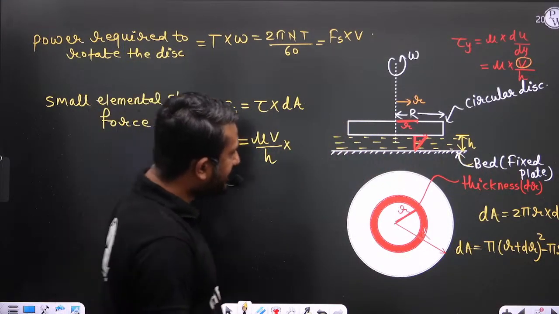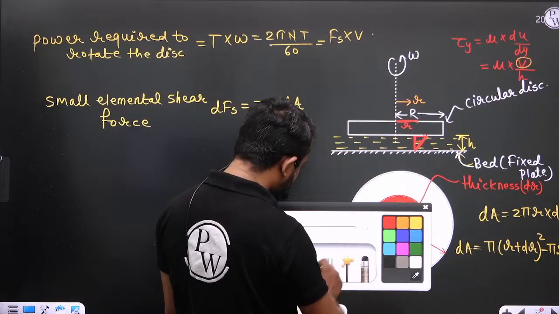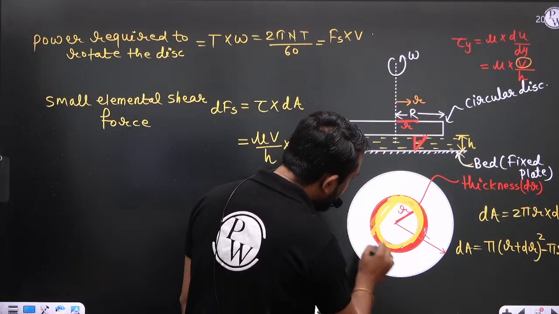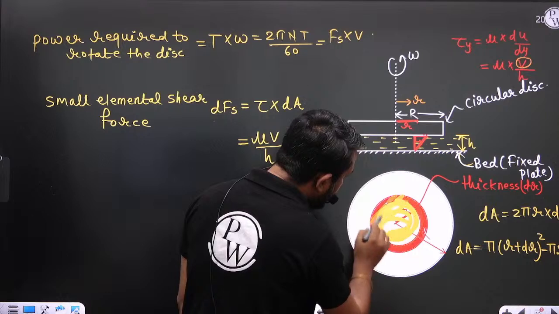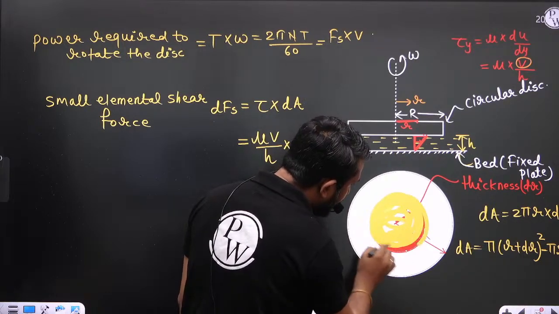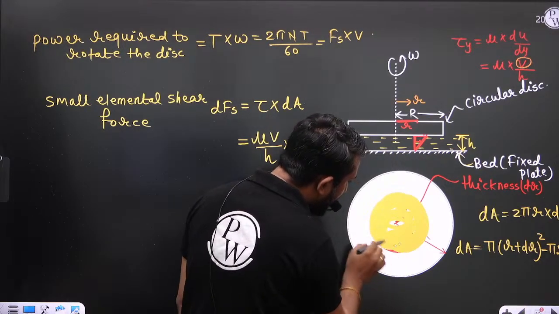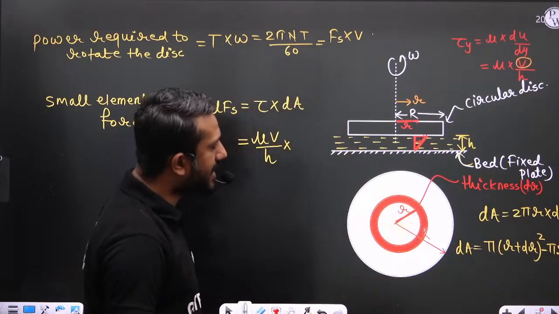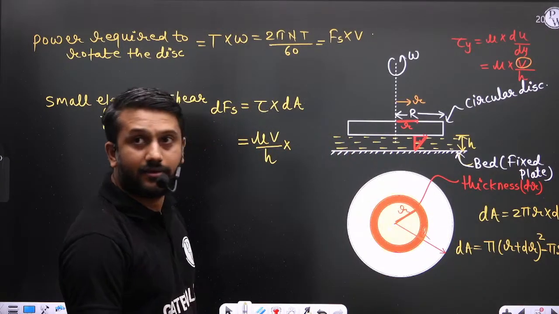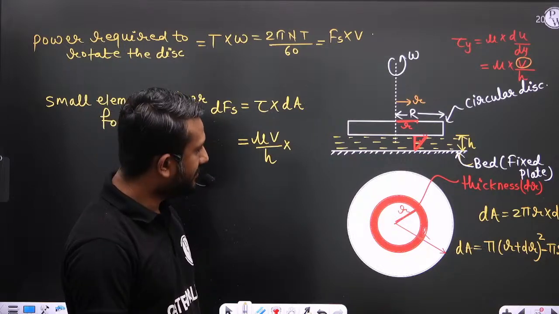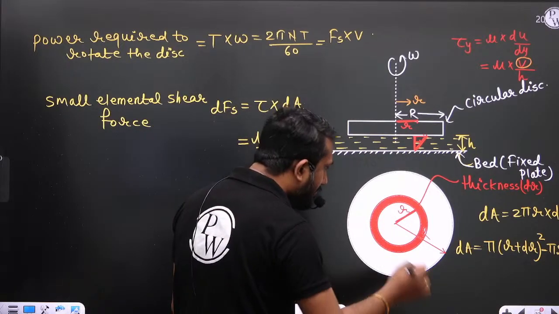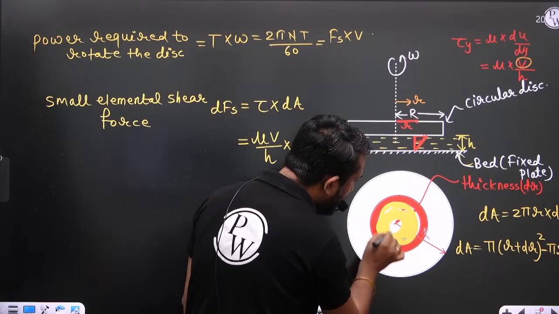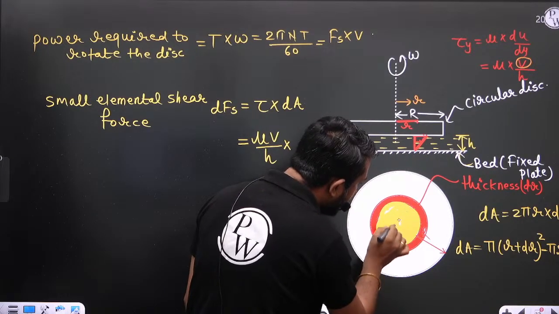What is the dA? Do one thing: first calculate this, that is pi (r plus dr) square, then subtract this portion, pi r square.